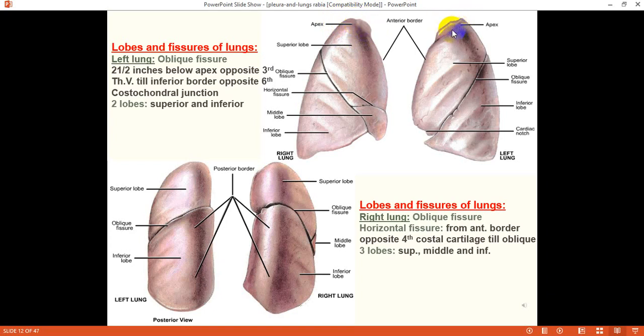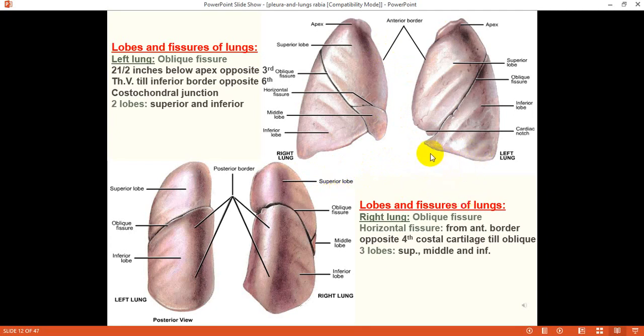The base or the diaphragmatic surface is the inferior surface of the lungs, which is lying on the diaphragm and separated from liver on the right side and stomach and spleen on the left side.